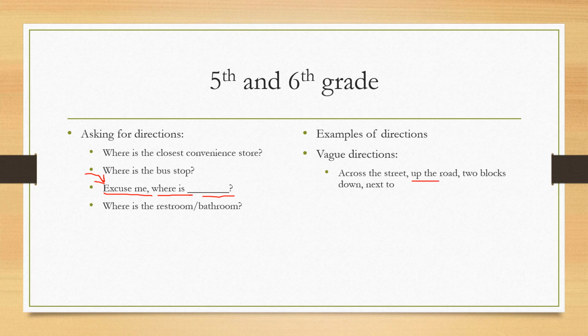Up the road means continuing along the same way that is hopefully pointed or indicated by the stranger, or the same way that you're going. 2 blocks down is kind of the same thing, but indicated with their direction. So you're gonna have to pay attention to what way they're pointing. And a block is, well, we'll describe what a block is in a future slide. But a block is a measurement of space in a city, and it's measured by roads.